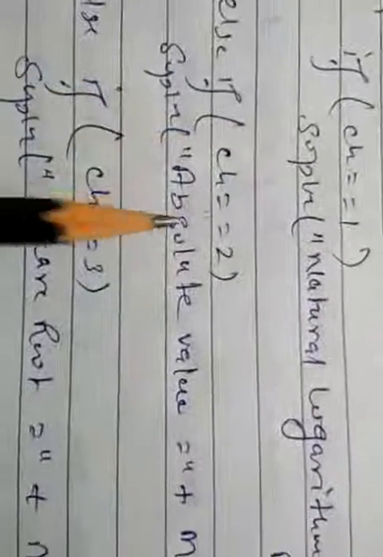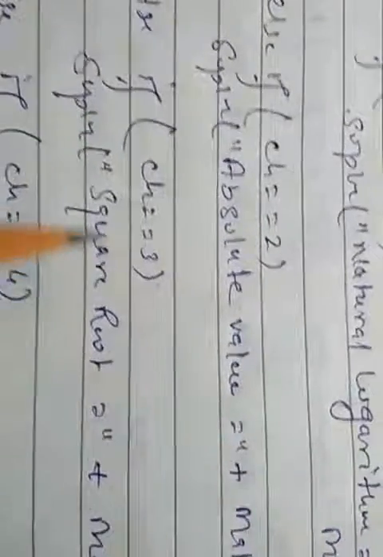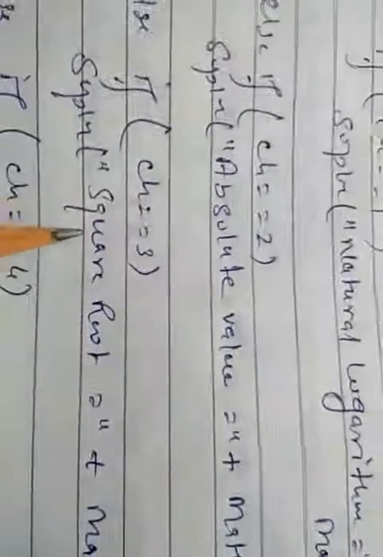If the first condition is false, then it will come to the second. We are checking if the second condition is true, then we want to find the absolute value, so Math.abs of n. If the second condition is false, then we are checking the third condition, that is for the square root. So square root equals Math.sqrt of n.